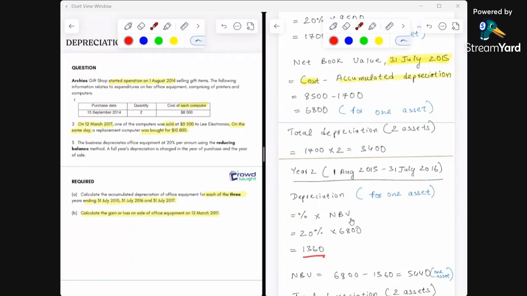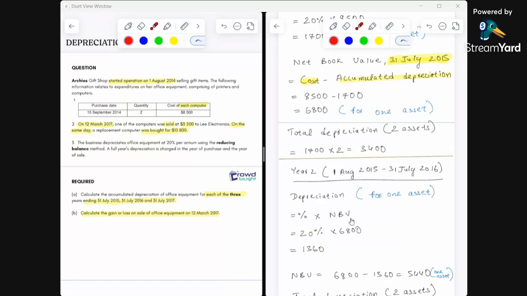Again, we want to find the net book value at the end of year two, which is at 31 July 2016. And we understand the formula for net book value is the difference between the cost and the accumulated depreciation, which is obviously true. But you can also simplify this.